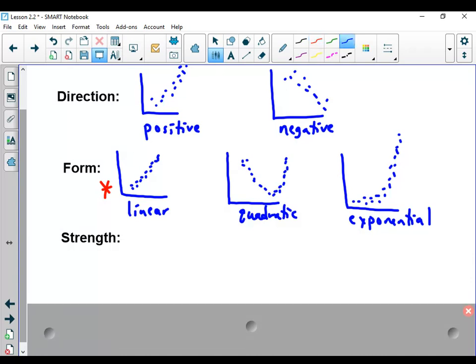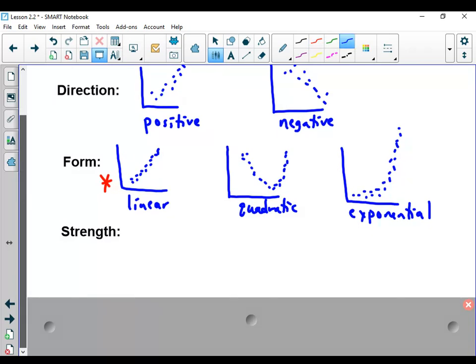The strength is going to be based on how close the values are together, or how closely they form, say, a line. So if I have a situation where my values are pretty close together, then I'm going to consider that to have a strength that is labeled as strong.